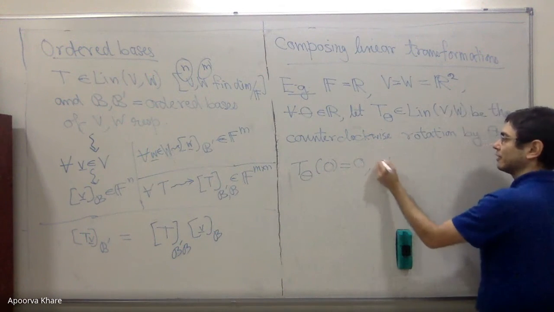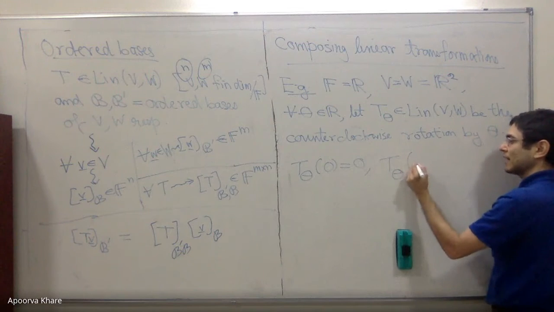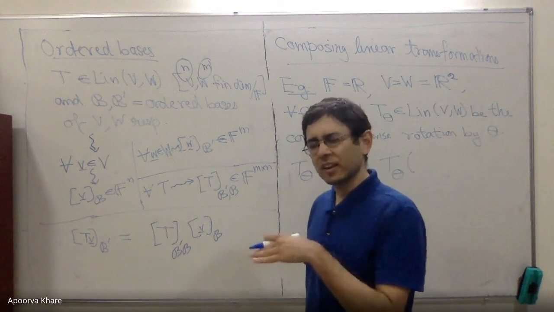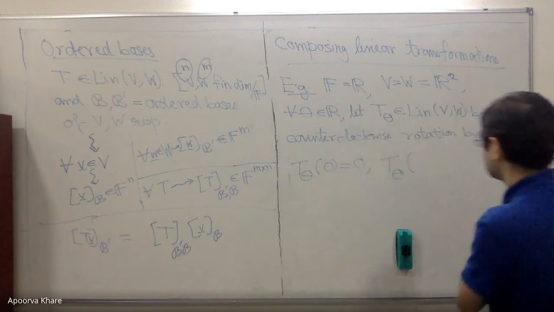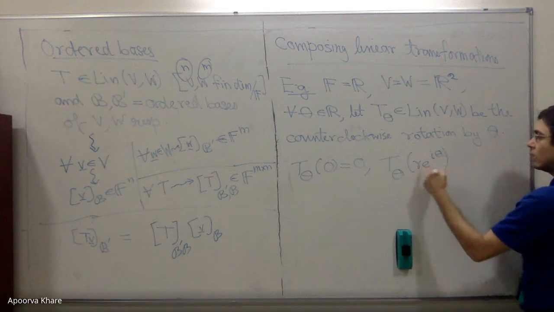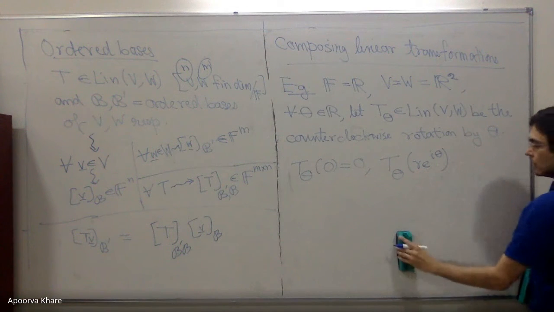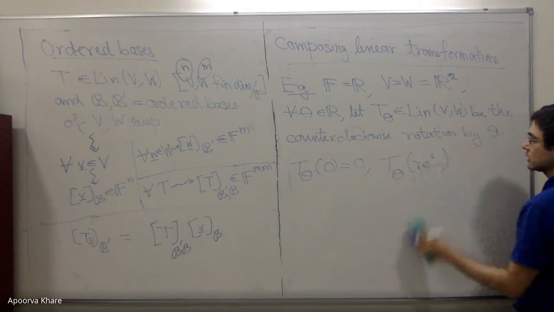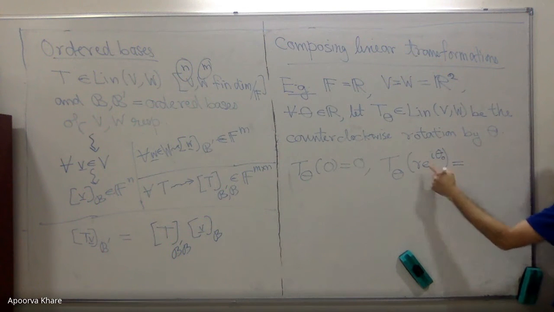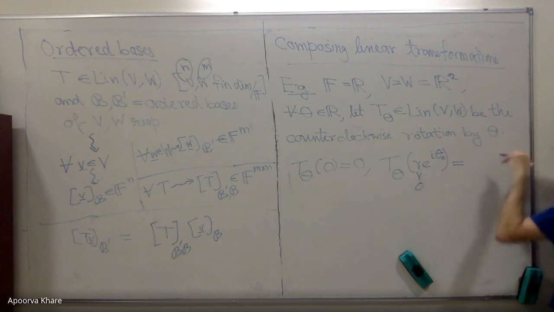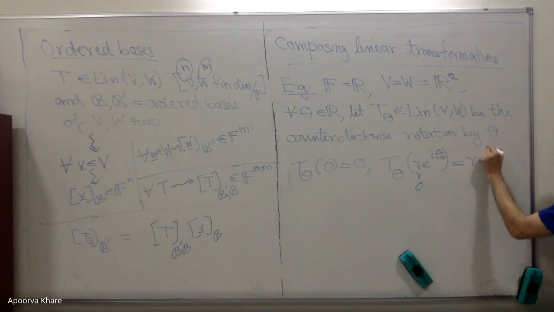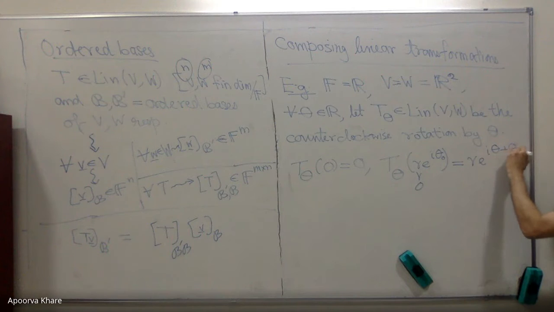And if I identify the plane in polar coordinates, like complex numbers, then T_theta of r e^{i theta_0} is equal to r e^{i(theta + theta_0)}.